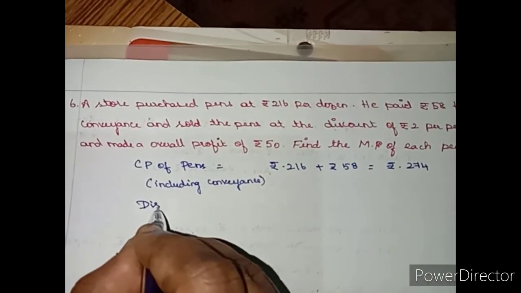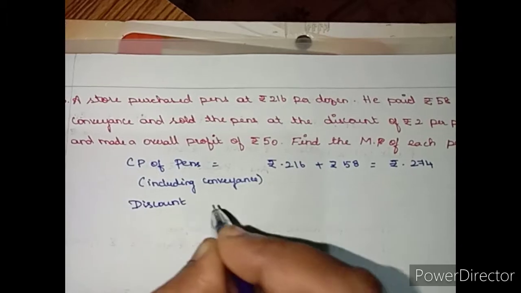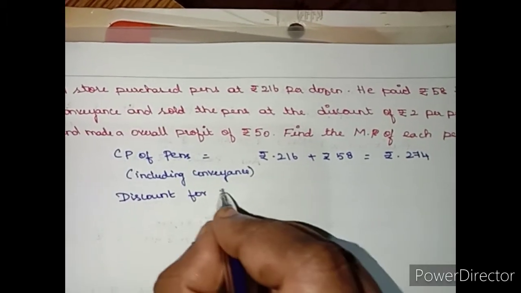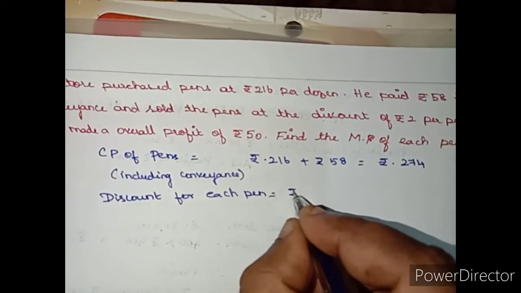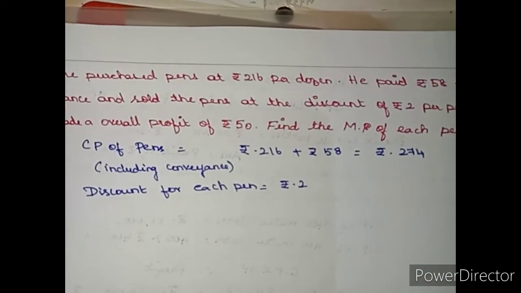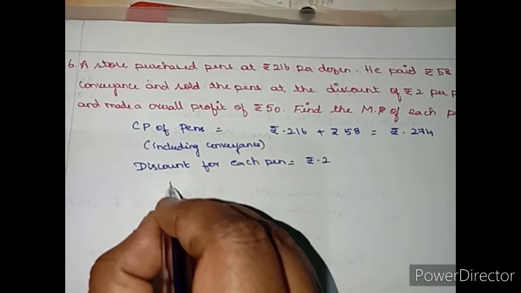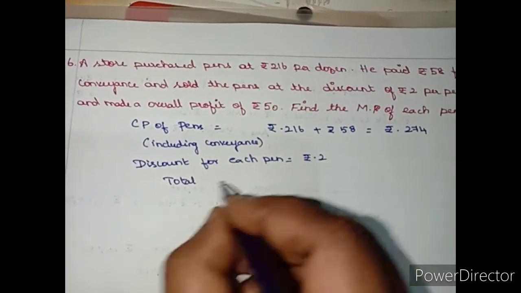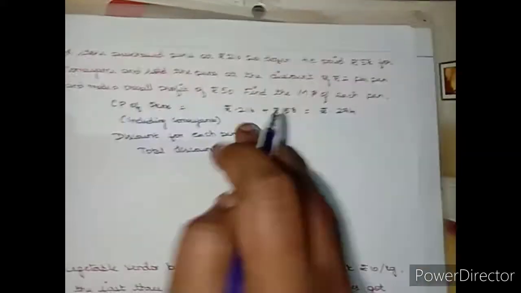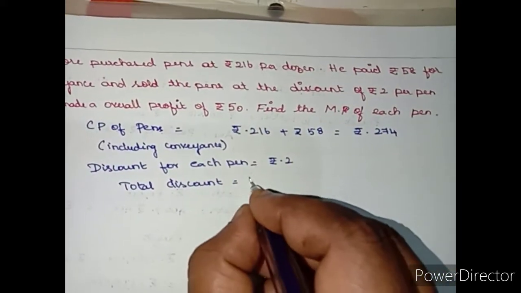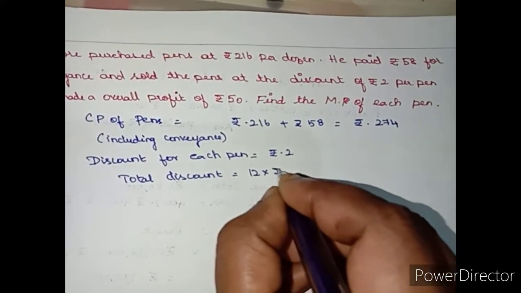So discount for each pen is rupees 2. Okay. Total discount for all the pen. We know that 1 dozen means it is 12 pens. So 12 into rupees 2.